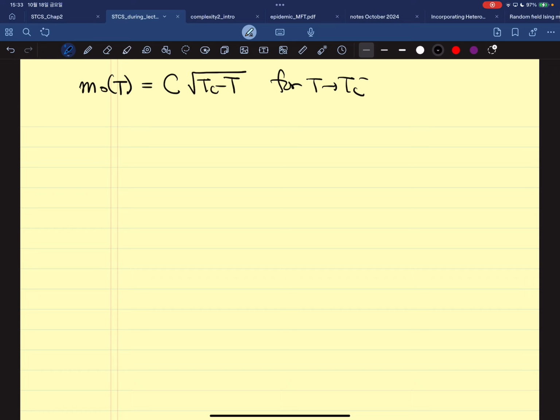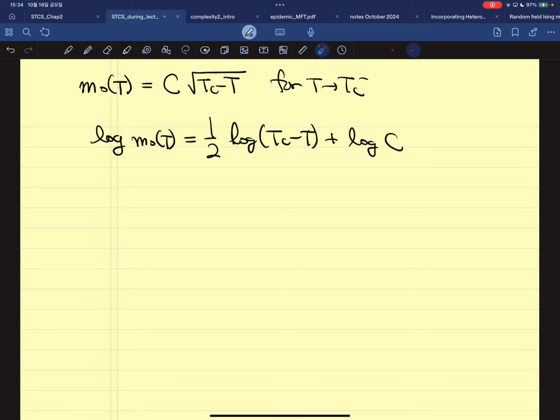So if we take a log, then this is 1/2 of log of (Tc minus T over Tc) plus log of C, which is just an intercept.